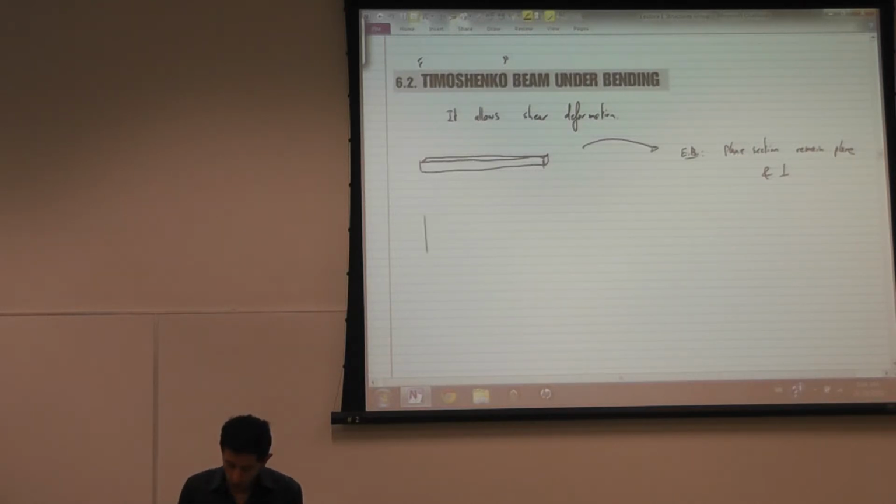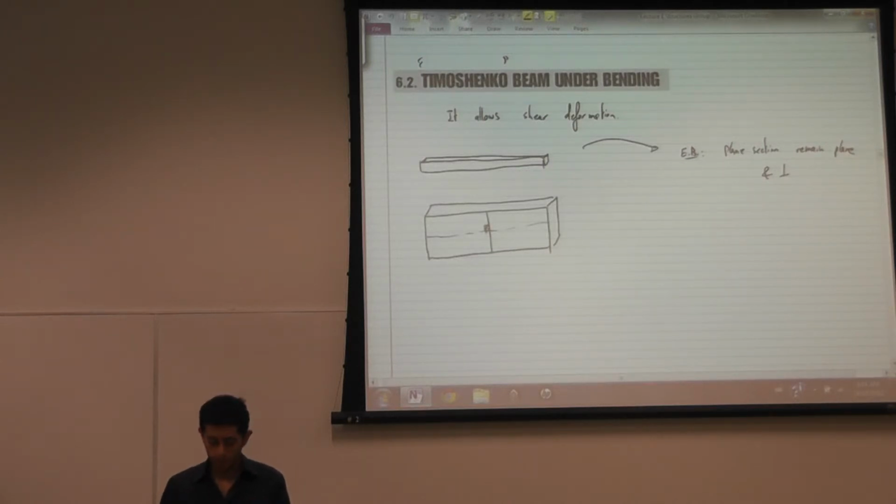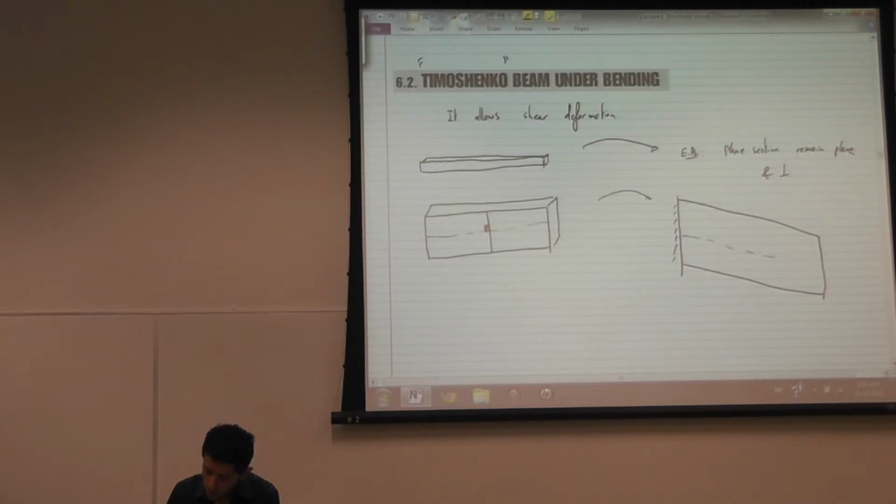Once the beam becomes a little bit deeper, I can still assume that plane sections remain plane, but I can also assume that when it deforms, the beam can deform in this manner, where plane sections remain plane, but they're no longer perpendicular. And that allows for shear deformations.